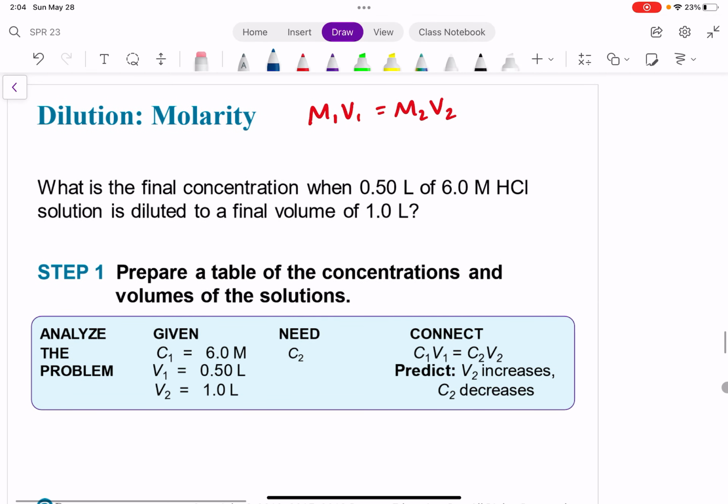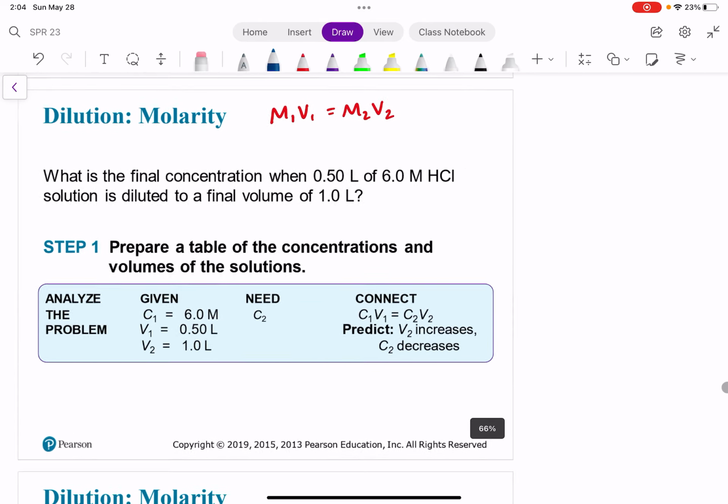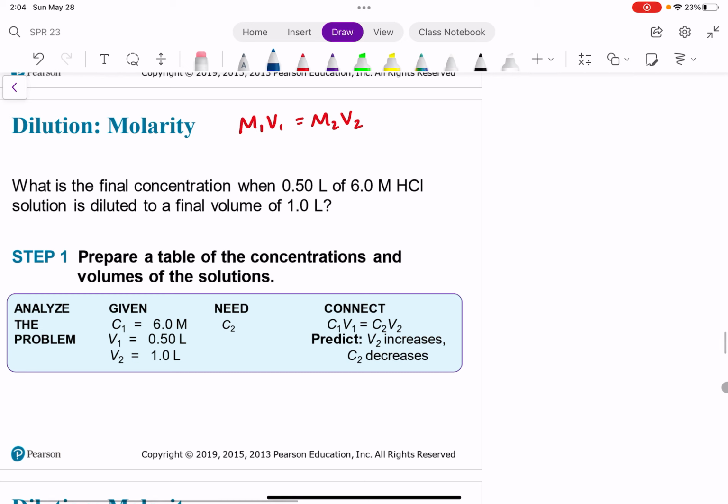All right, so let's go ahead and try that out. This question is asking, what is the final concentration, what is the final molarity, when 0.50 liters of a 6.0 molar HCl solution is diluted to a final volume of 1.0 liters?